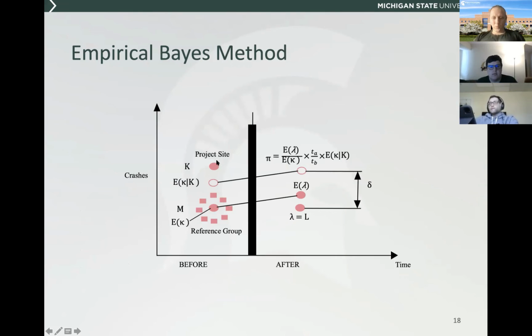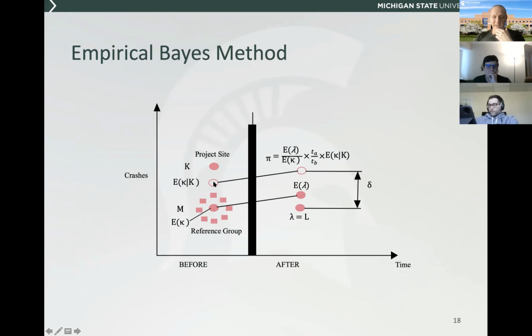And so we have an individual project site, we have the reference site, and so we use that first step in the procedure to calculate what that weighted average would be based upon those two sources. Okay, so the actual site-specific information and the information based upon that regression equation. And so that gives us a number that's somewhere between those two.